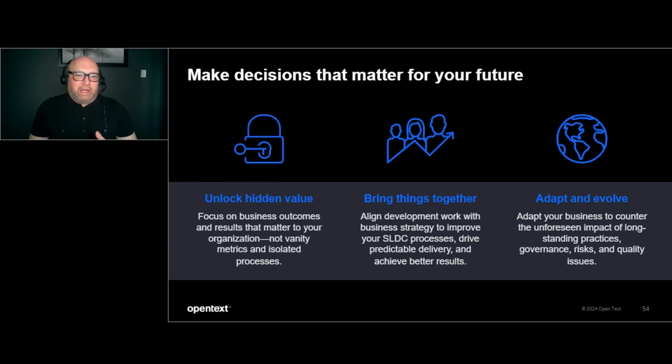Start aligning development work and business strategies to improve your software development lifecycle processes. Drive predictable delivery and start trying to achieve better outcomes. And finally, adapt and evolve your business. Start countering the unforeseeable impacts on long-standing practices, governance, and quality issues overall.